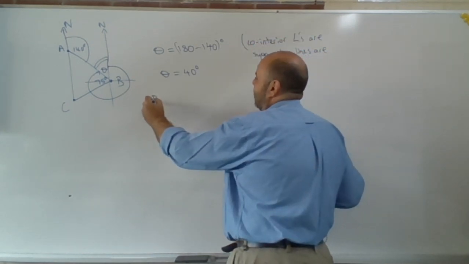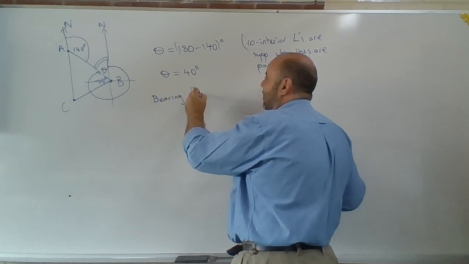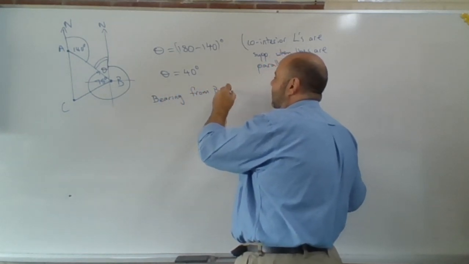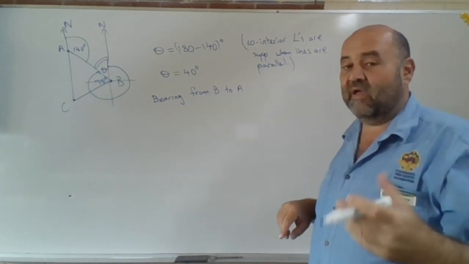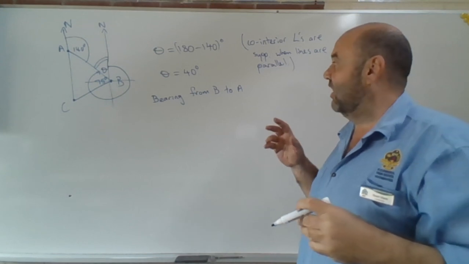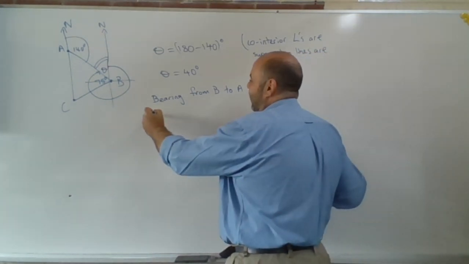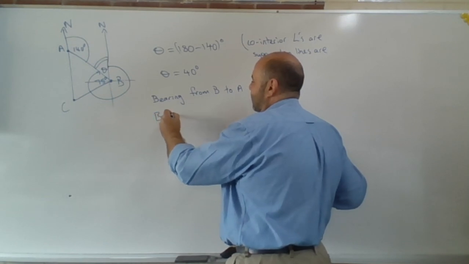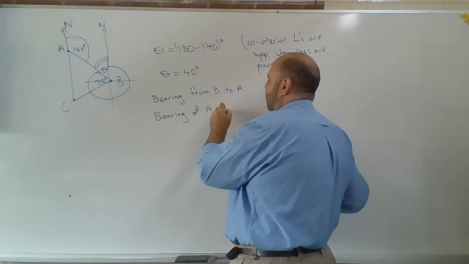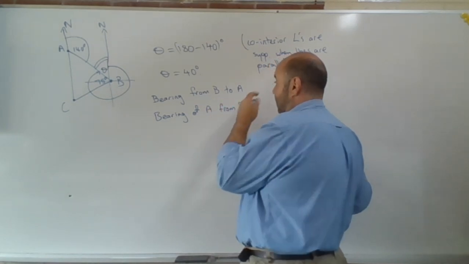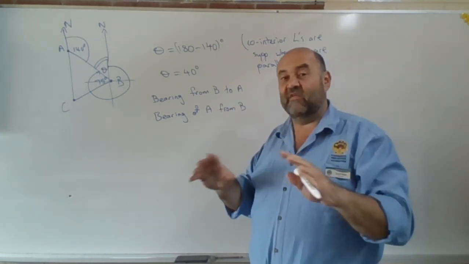So the bearing from B to A. Now, another way to write that, so don't let it rattle you, another way to say exactly the same thing is to say the bearing of A from B. Both of those things are saying exactly the same thing. Don't let the wording in different questions throw you.